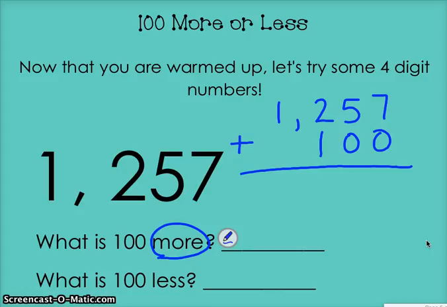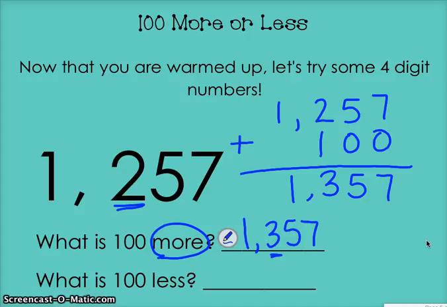Starting in the ones place, 7 plus 0 is 7, 5 plus 0 is 5, 2 plus 1 is 3, and I have 1,000. So 100 more than 1,257 would be 1,357. Again, noticing that the only number that changed was the number in the hundreds place.